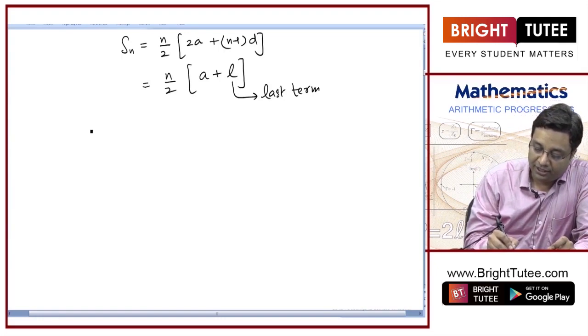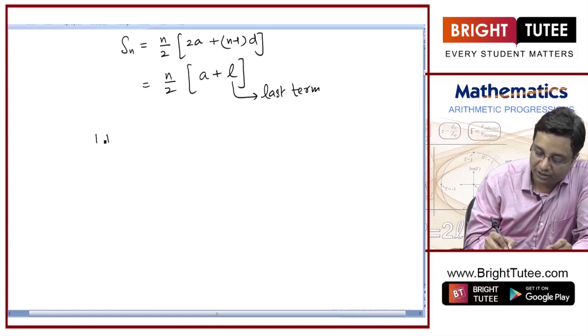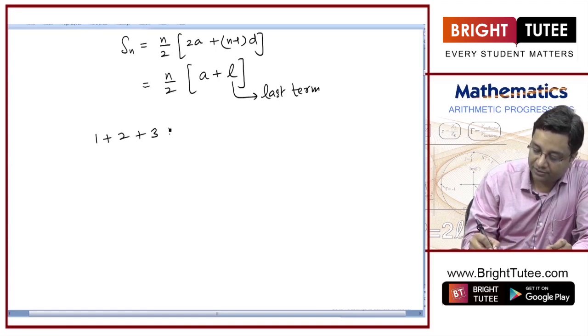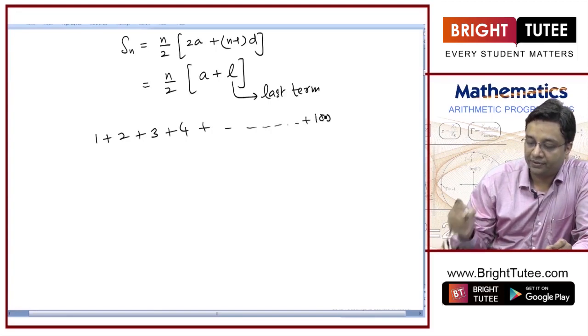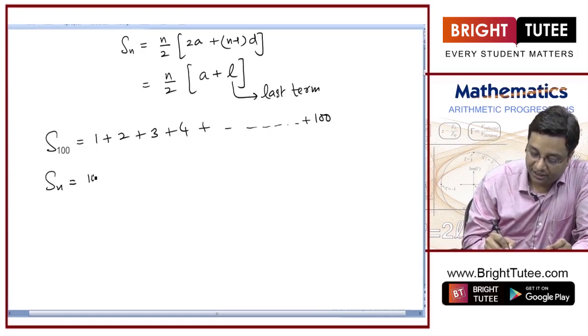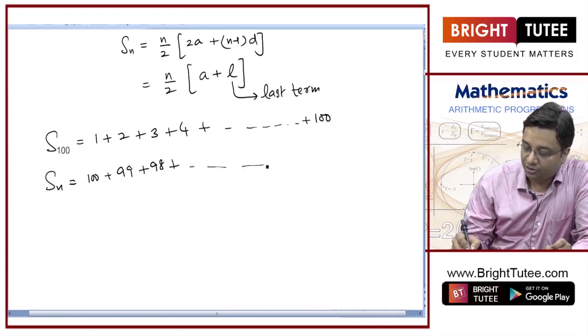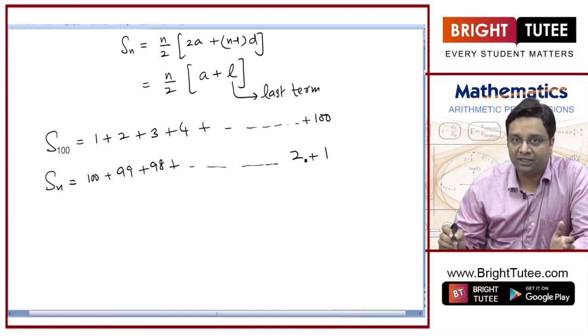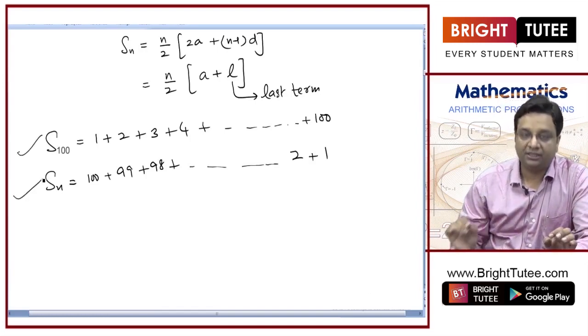If I want to calculate the sum of, let's say, the first 100 natural numbers, let's say up to 100, right? One way to think about it is that I can flip this expression and write it as 100 plus 99 plus 98 plus and so on up till 1, right? I have just flipped this expression, I have not changed even a single term here. So both these expressions are the same.